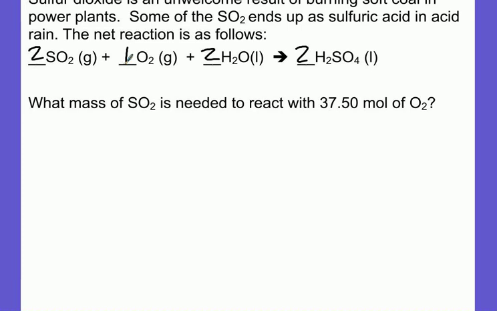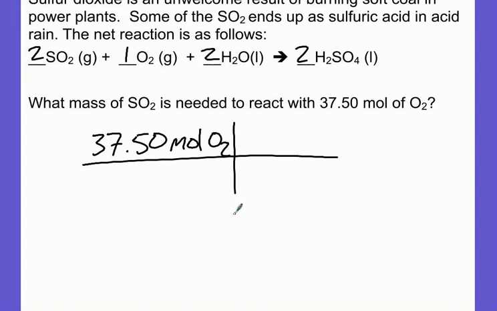But what mass of sulfur dioxide is needed to react with 37.50 moles of oxygen? So again, just start with whatever they give you, 37.50, and go from there. If they give you moles, you're going to go right into a mole ratio.